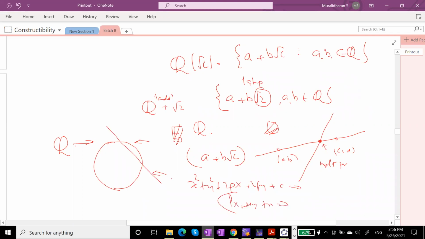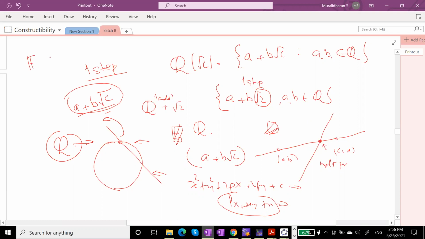The intersection point is not necessarily rational, because these two points will be of the form a rational number plus another rational number into root of a rational number. That's how this will be, isn't it? So that means from Q, I can get all numbers of this type only by using one step. Okay, that is my F1.